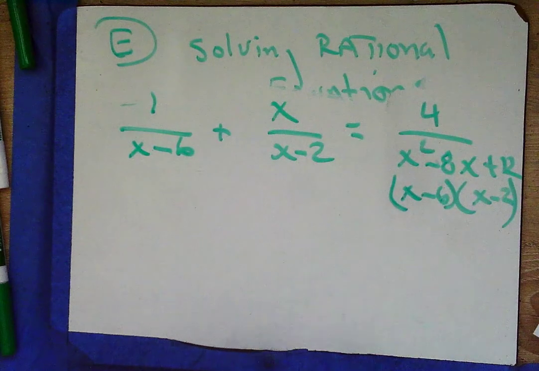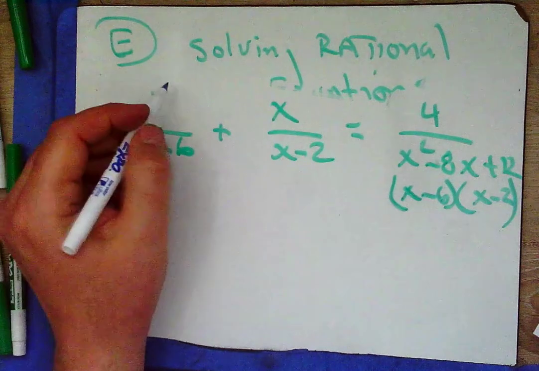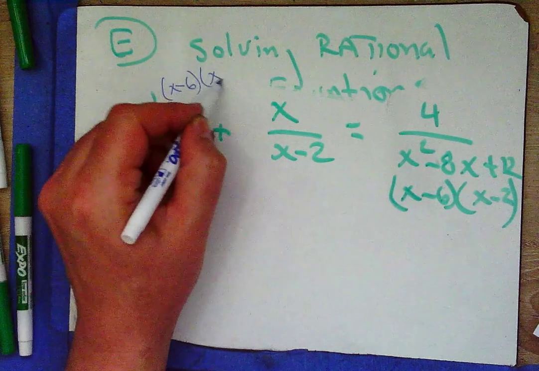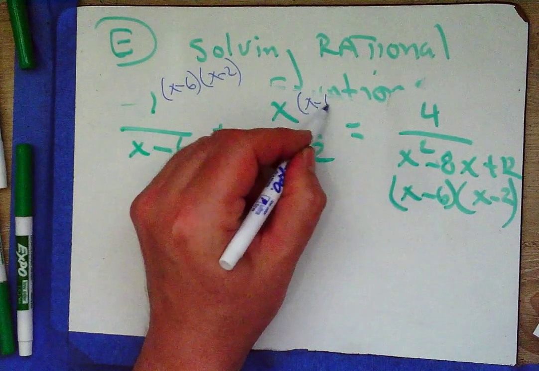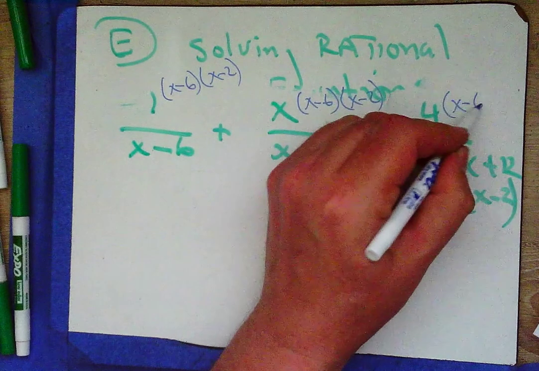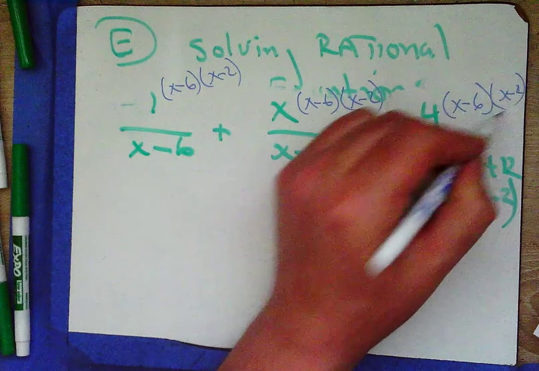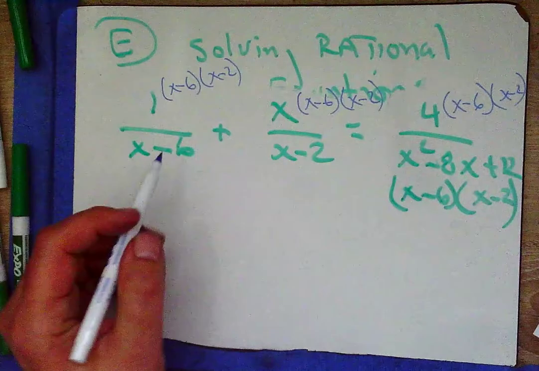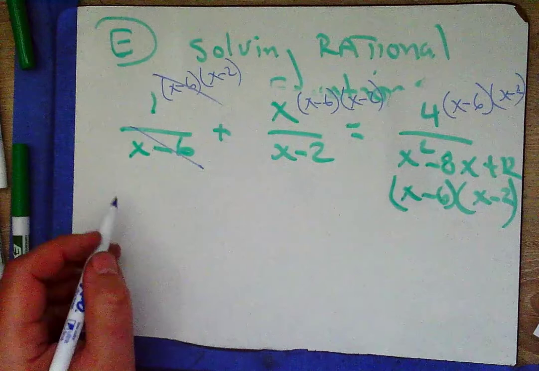So I'm going to multiply each of these terms by the least common denominator. x minus 6, x minus 2, x minus 6, x minus 2, x minus 6, x minus 2. I know you don't want to write it all out, but my experience is definitely I make fewer mistakes when I do.